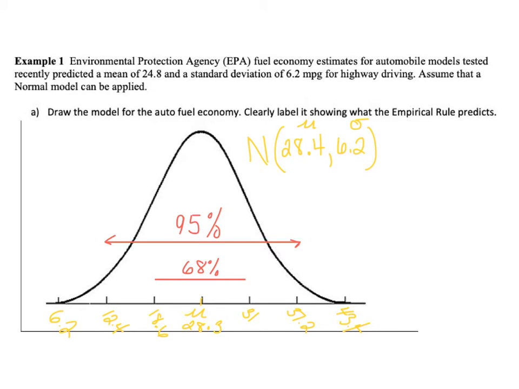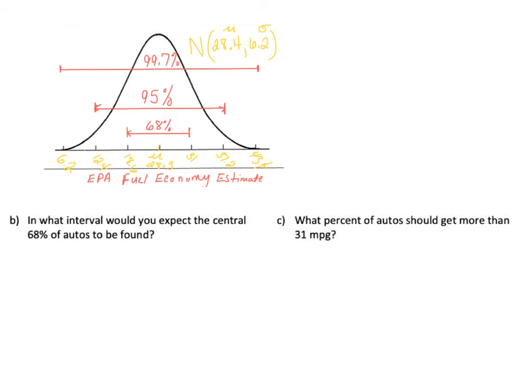And then 3 standard deviations away, so I'm going to put a line all the way, will contain 99.7% of all automobiles. It's also a good idea to label your normal model with a title.